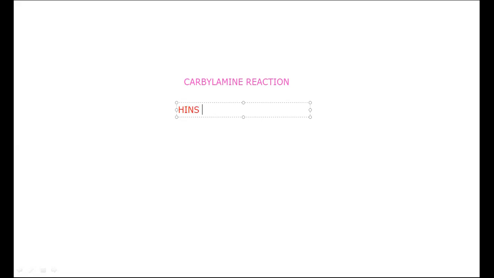We discussed the Hinsberg reaction or test or separation. What is the compound used in the Hinsberg reaction? Benzene sulfonyl chloride. Very good. When a primary amine is treated with benzene sulfonyl chloride, you will get an intermediate which reacts with sodium hydroxide and forms a soluble salt.